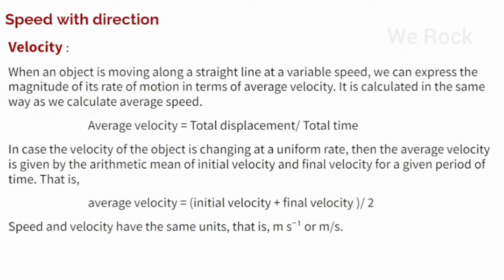It is calculated in the same way as we calculate average speed. In case the velocity of the object is changing at a uniform rate, then the average velocity is given by the arithmetic mean of initial velocity and final velocity for a given period of time. Speed and velocity have the same units, that is meter per second.